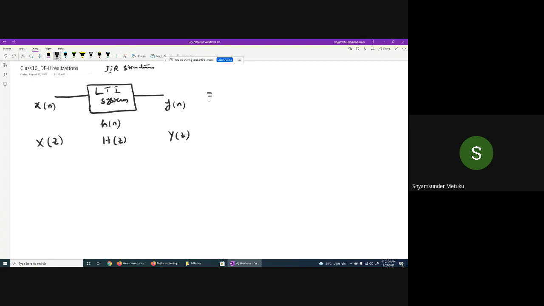Again, we have considered that the single system can be represented in two forms: X of n, then H2 of Z and H1 of Z, then Y of n. What is the difference between yesterday's and today's division of the LTI system into two blocks? H2 of Z is given what name? Is it a poles function or zeros function?